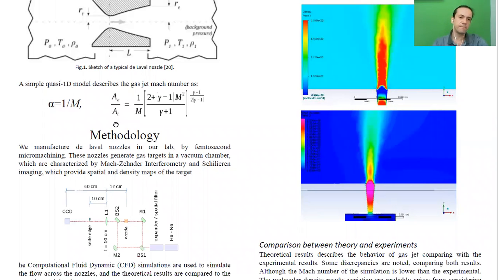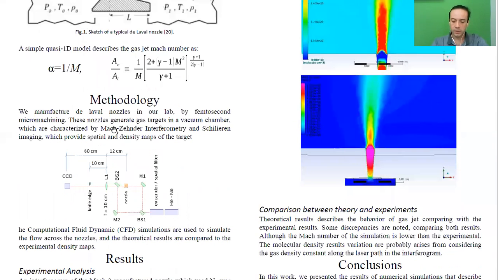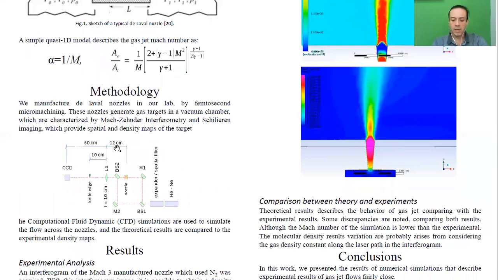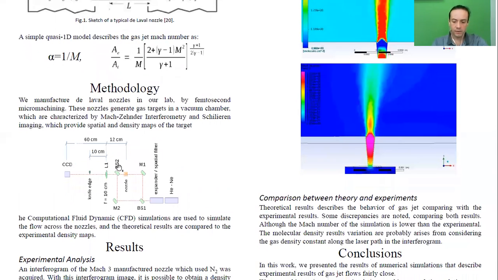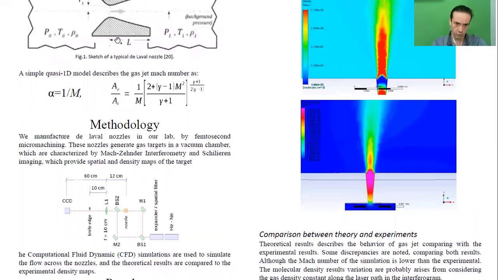So now we'll talk about the methodology used in our work. For the experimental results, we assembled a Mach-Zehnder interferometer with a Schlieren imaging to characterize the profile and the gas density in the jets generated by the homemade nozzle.